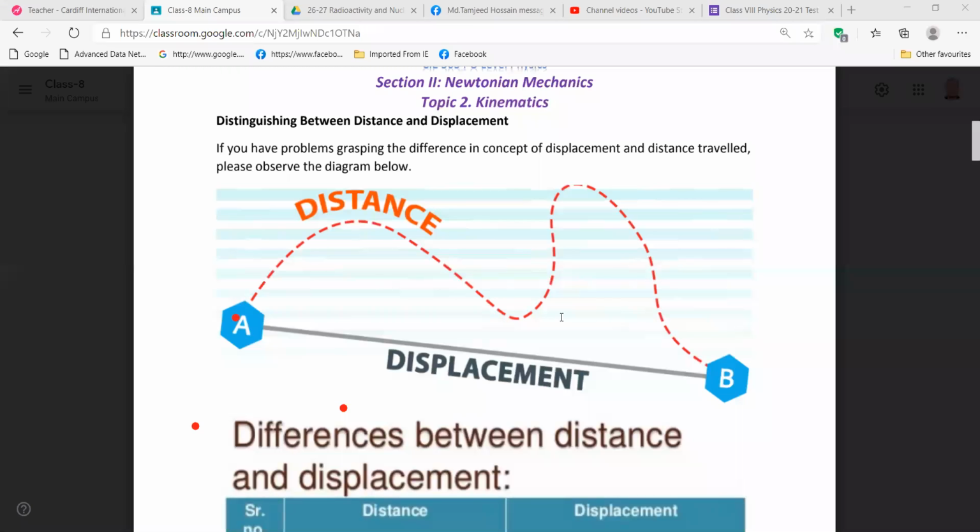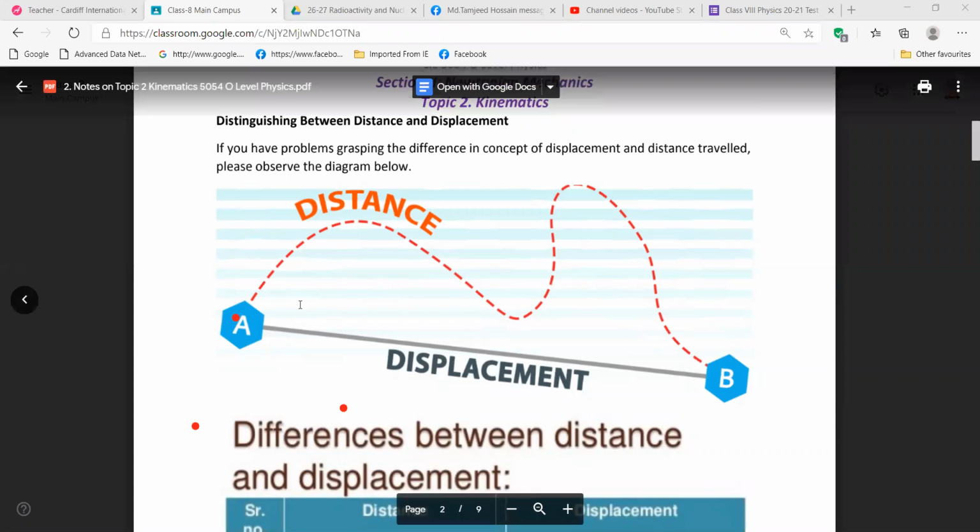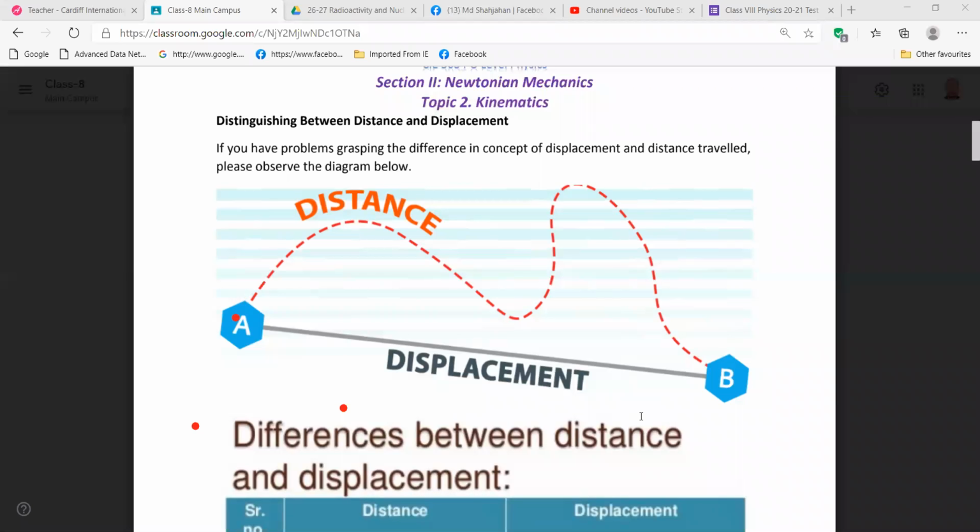I gave you one example about your classroom. Can you remember that one? The classroom has 4 sides, right?